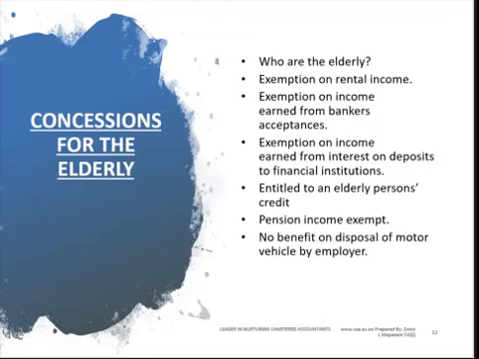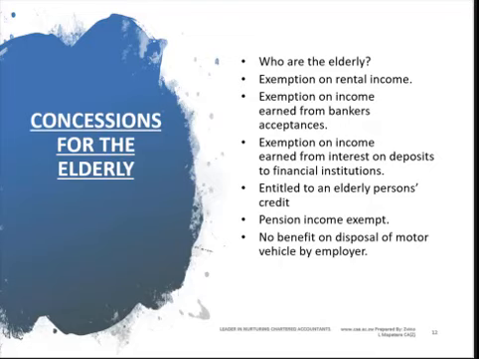They also need to look at the motoring disposal benefit. This, under section 81F, tells us that when a motor vehicle is disposed to an elderly person, no benefit exists for that elderly person. Therefore, there will be nothing included in that elderly person's gross income as far as the disposal is concerned.